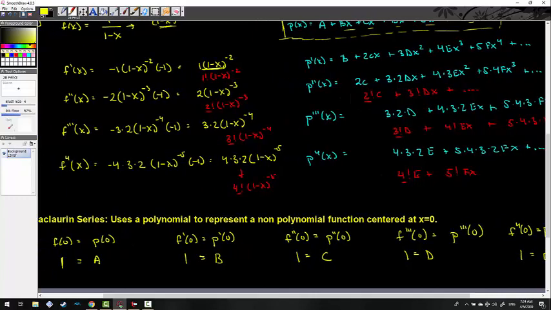So I can then say that p of x is equal to, instead of a, I got 1. Instead of bx, I have 1x. So I have x. Plus, instead of cx squared, I have 1x squared plus x cubed plus x to the fourth plus x to the fifth plus dot dot dot. So this is my representation right here.